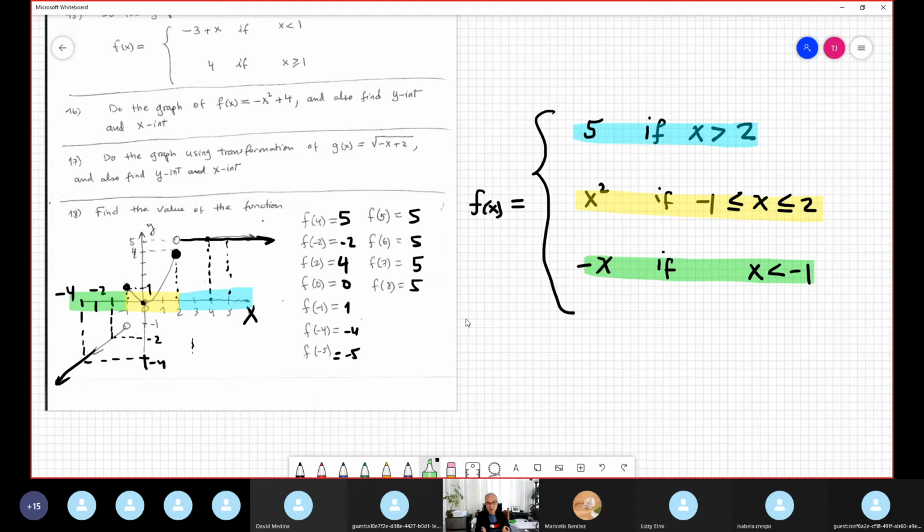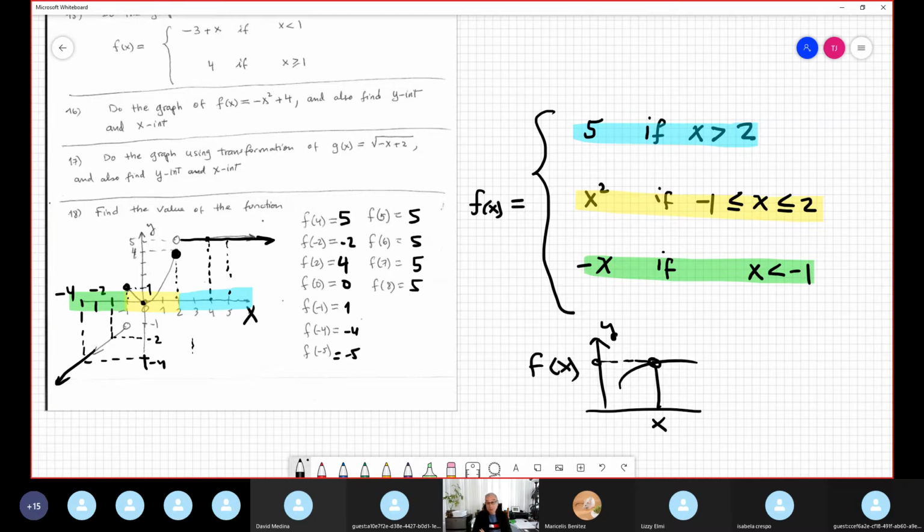Suppose you have no equations. You have a graph, and you evaluate the y value on the graph. It's the same thing we are doing every day, no? You have a graph, and you need to find the associated y value. You go to the graph, touch the graph, project onto the y-axis, and this is f of x.